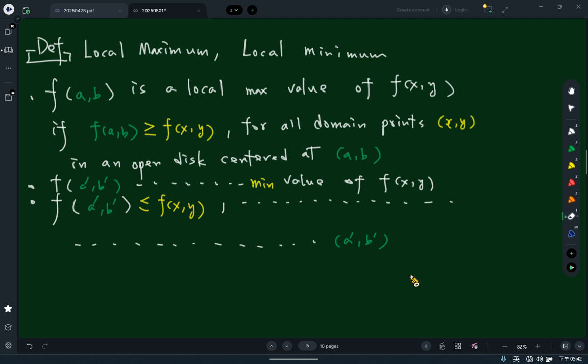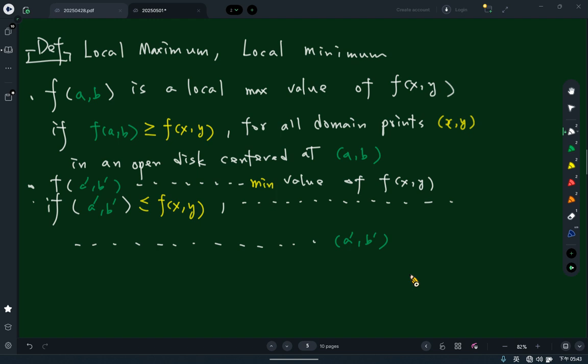So let me just remove this pinpoint. So if f of (a, b) is a local minima, we need to satisfy this requirement.